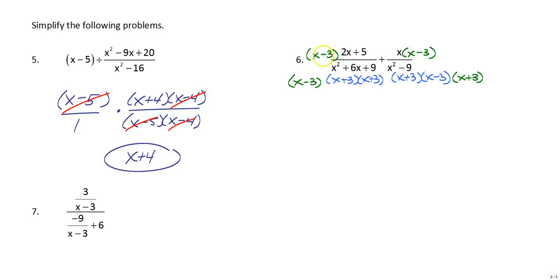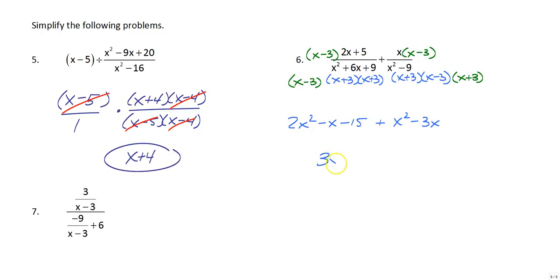So, we just continue working from here. This side needs to be multiplied. So, that's just going to simplify to 2x squared minus x minus 15 after you multiply, plus... And then we need to distribute the x, giving you x squared minus 3x. Of course, we're going to combine all of our like terms.